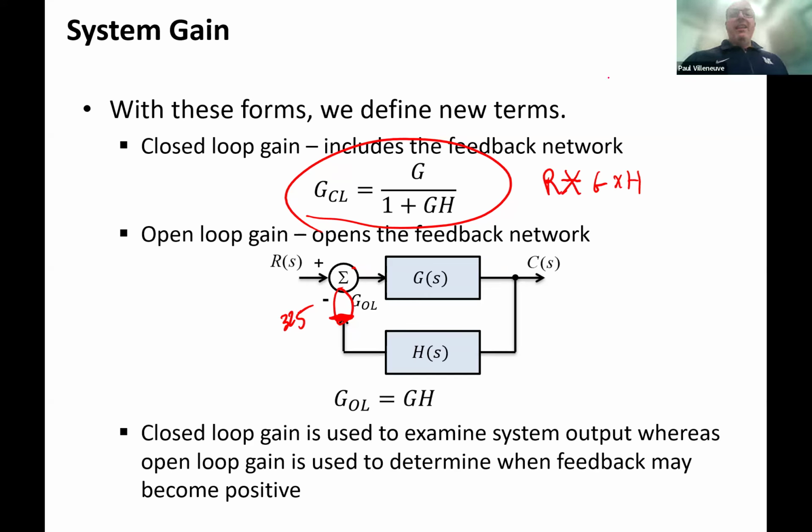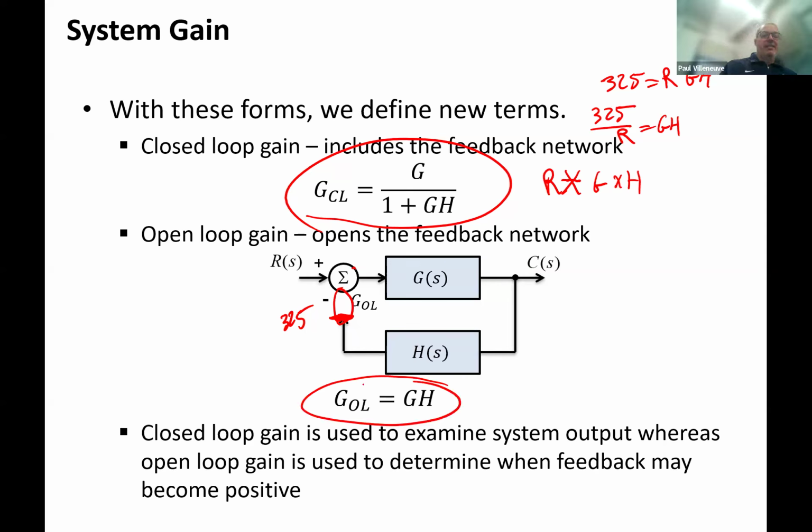So if we wanted a gain, we see that 325 is going to be equal to our input, R, times G and H. So our transfer function, remember transfer is the output over the input. Output's 325, input's R, is equal to G times H. That is the open loop gain.